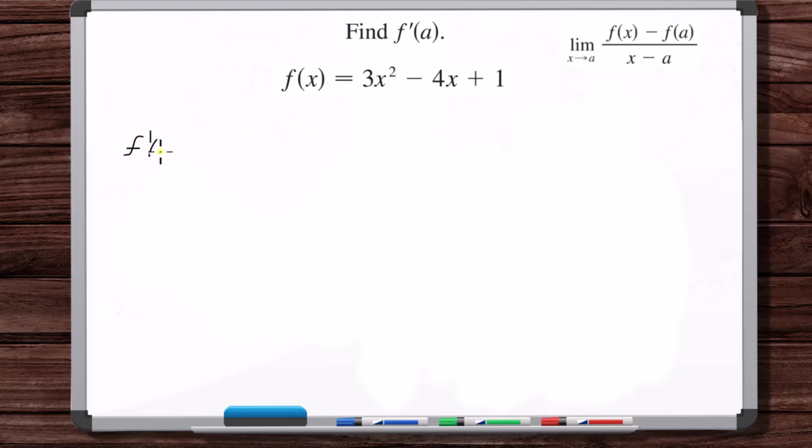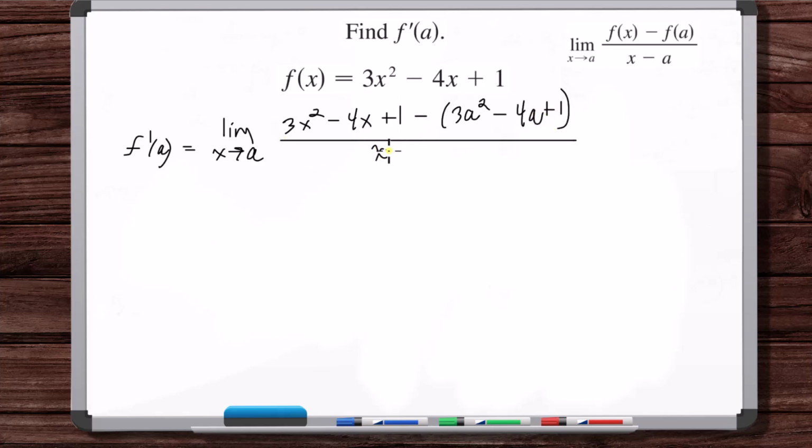So f prime of a is equal to the limit as x approaches a of f of x, which is just 3x squared minus 4x plus 1, and then minus f of a. So 3a squared minus 4a plus 1.